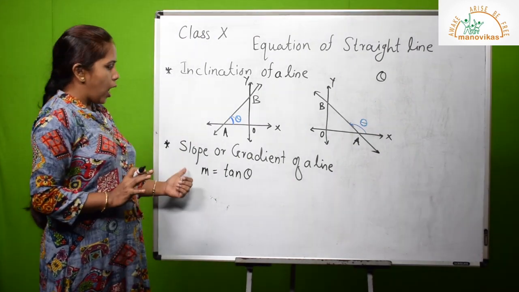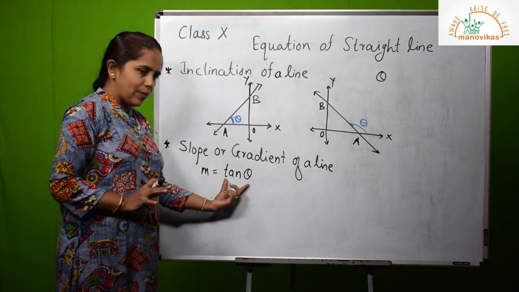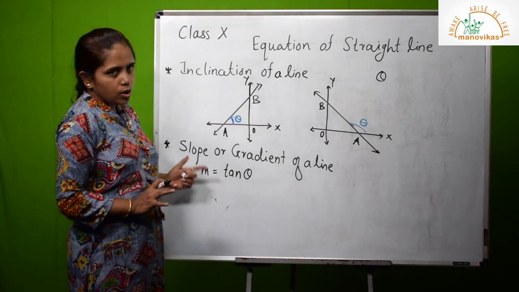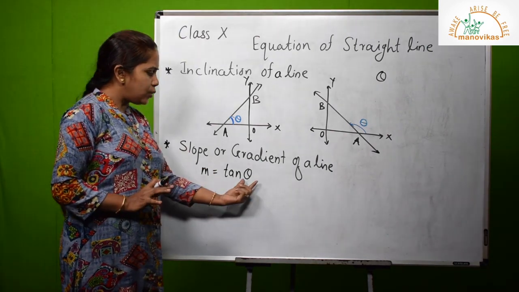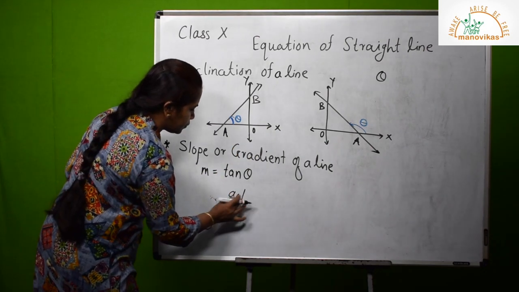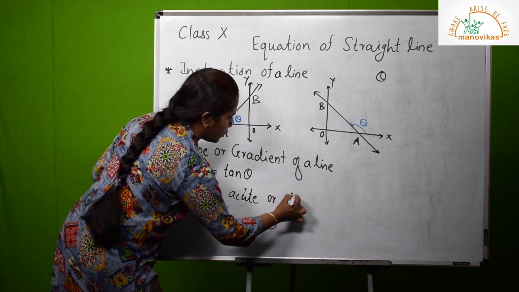Now how to find the slope value: when theta, the angle of inclination, is given, at that time you will get the slope value. Now theta may be an acute angle or an obtuse angle.